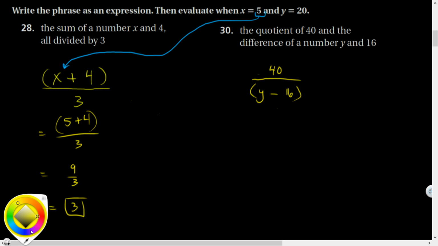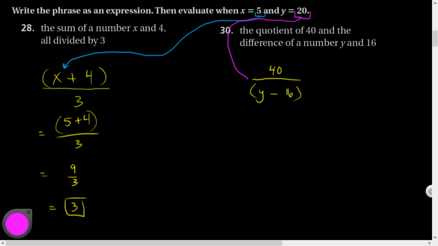All right, and we're going to evaluate when Y is equal to 20, so I'm going to do some substituting. Plug in 20 for Y, being very cautious. 40 divided by 20 minus 16. Order of operations, we'll do subtraction first here. 20 minus 16 is 4, and 40 divided by 4 is 10. Right? Okay.